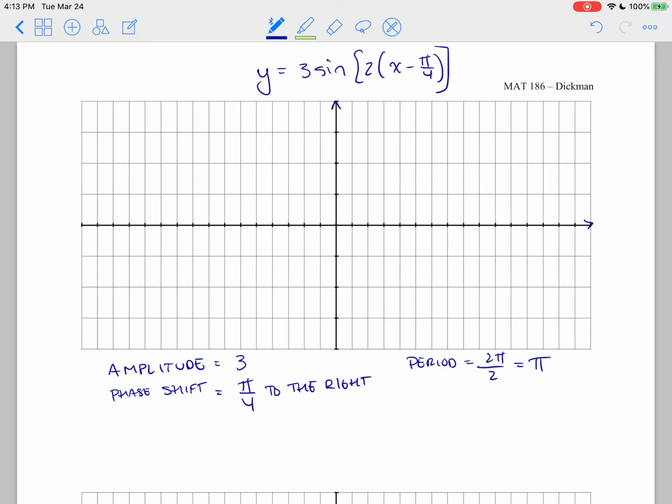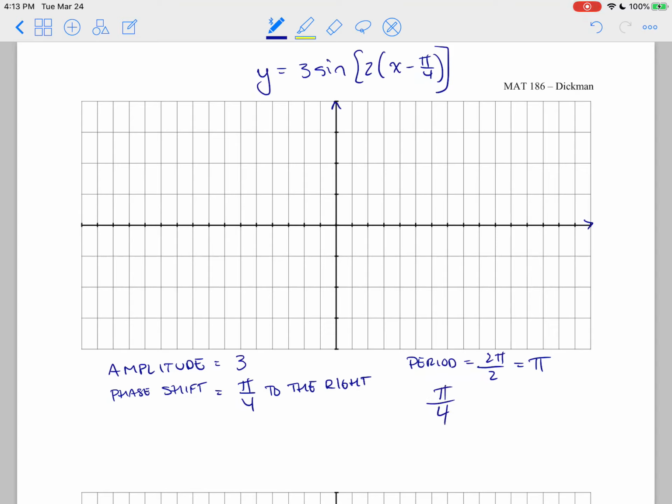So now we know that we're going to start at the phase shift, and we're going to go 1 period from there. And there's going to be 5 key values between the beginning and the end, including the beginning and the end, which means we're dividing that period into 4 equal parts. And so this is where the scale becomes important.